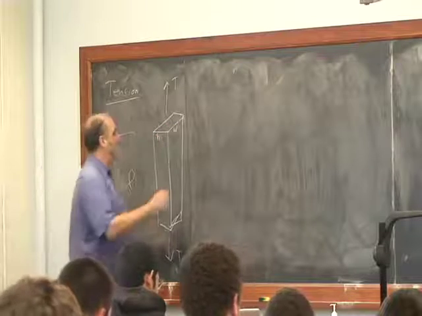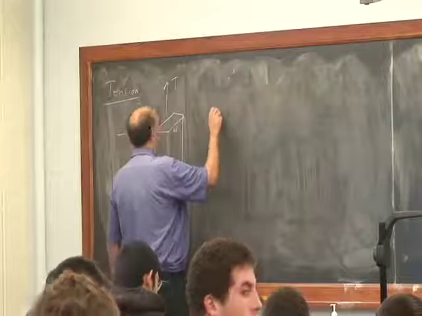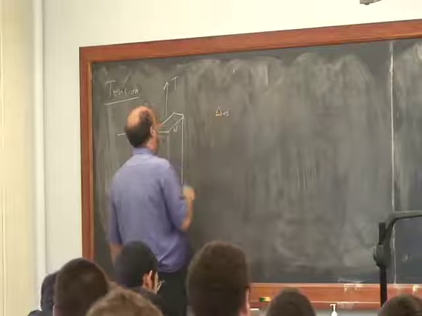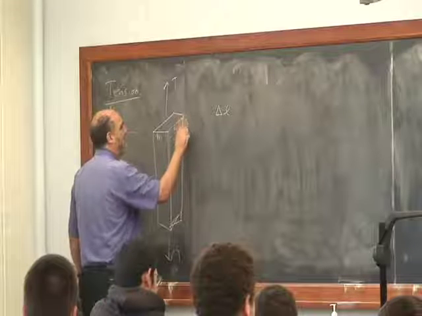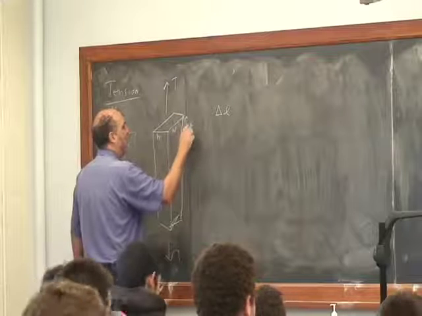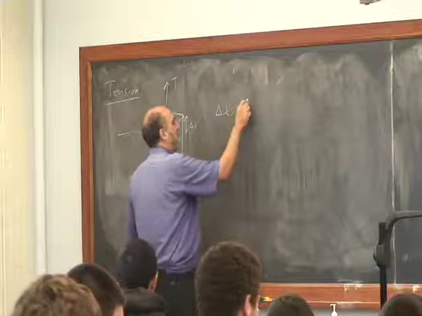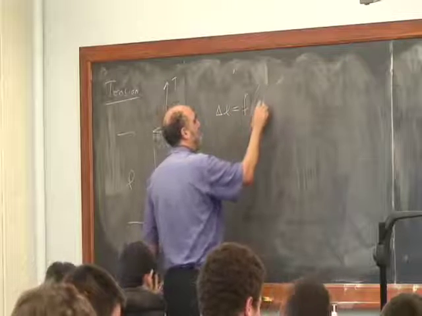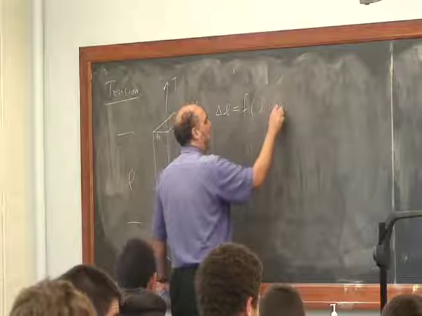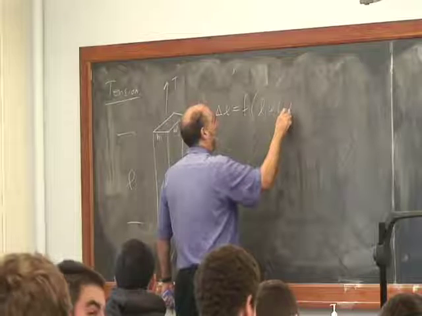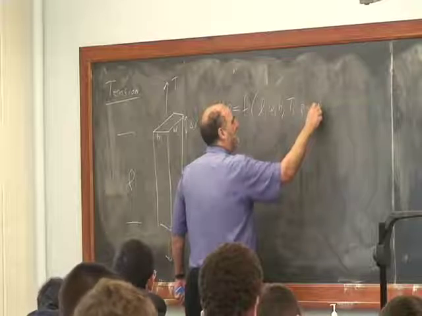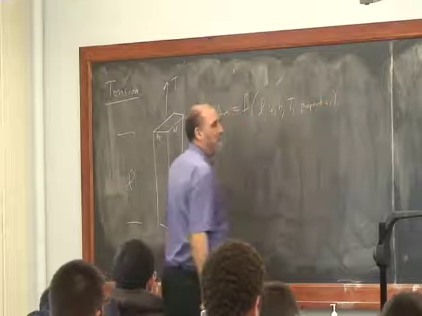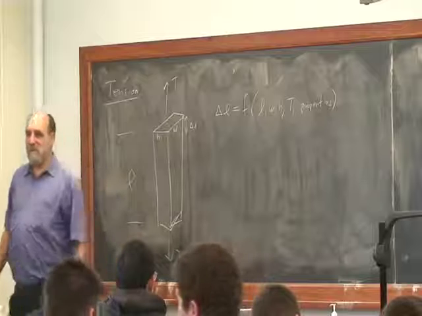And the question is, can we figure out the change in length, how much this gets longer compared to what it was before we pulled on it? So it got longer by this dimension, I'll call it delta L. What is this delta L as a function of the length, the width, the height, the tension, and the properties of the object? And we cooked up a formula which you all seem content with.